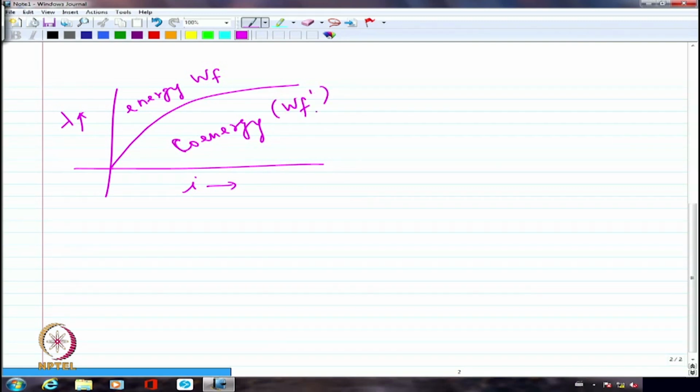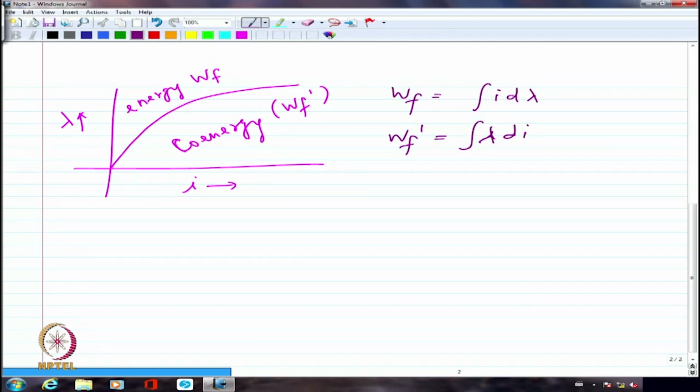So, Wf is equal to integral of I d lambda for a given position of the moving part. If I do not have any movement, it is at a given position, at a particular x value, Wf is integral of I d lambda and Wf dash is equal to integral of lambda di.